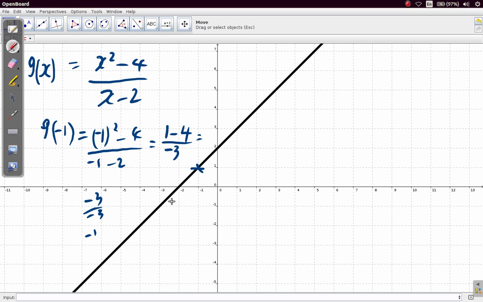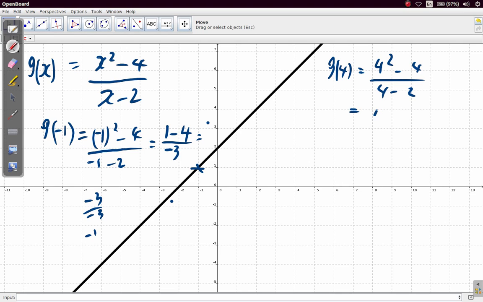So g of x is continuous at x equal negative 1. Let us try positive 4. At x equal positive 4, what we have is g of 4, which is 4 squared minus 4 divided by 4 minus 2.